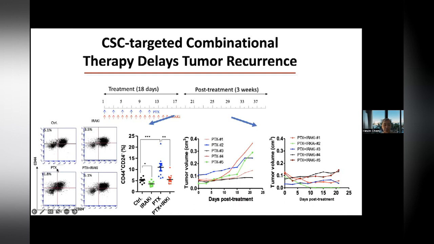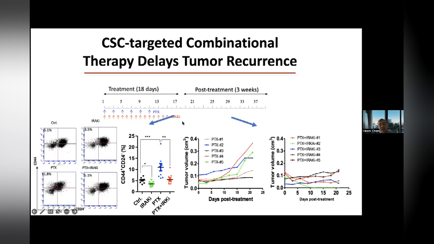But interestingly, for the chemotherapy drug, we see this population expanded to 11.8%. So the chemotherapy drug can eliminate the non-stem cells, but leads to enrichment of stem cells. But if you have a double treatment, this stem cell population can be reduced. This is also shown in the quantitative data here.